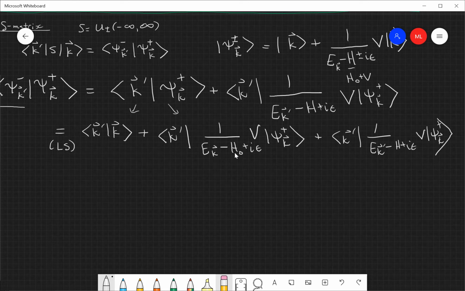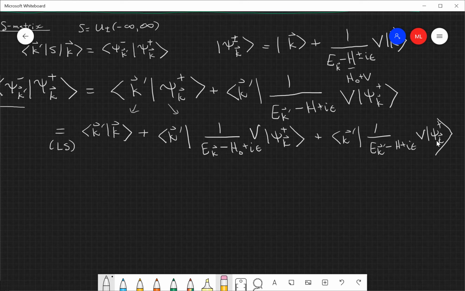Also, we know that H here is the full Hamiltonian with the potential. So that means the eigenstates of this are not the free particles, they're the full scattering solutions. So the eigenstates of H are these psi plus states.